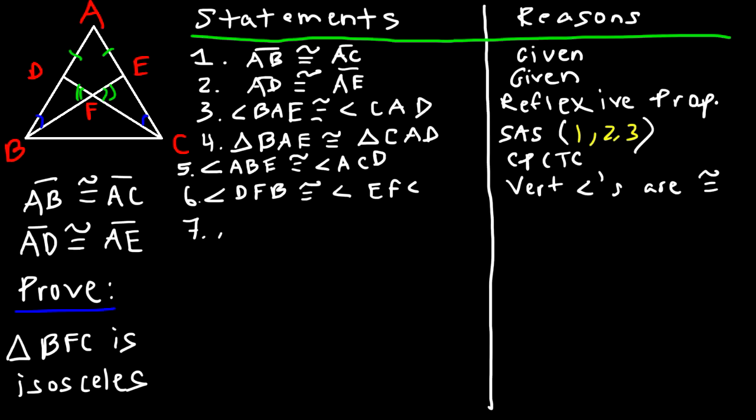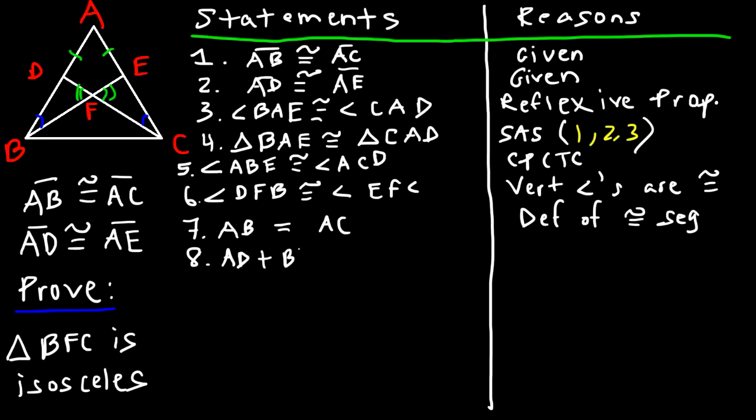So AB can be replaced with, actually before we do that, we need to make this statement. AB is equal to AC, and that's definition of congruent segments. And now we can perform a mathematical operation with this. So I'm going to replace AB with AD plus BD. And now AC, I'm going to replace that with AE plus EC.